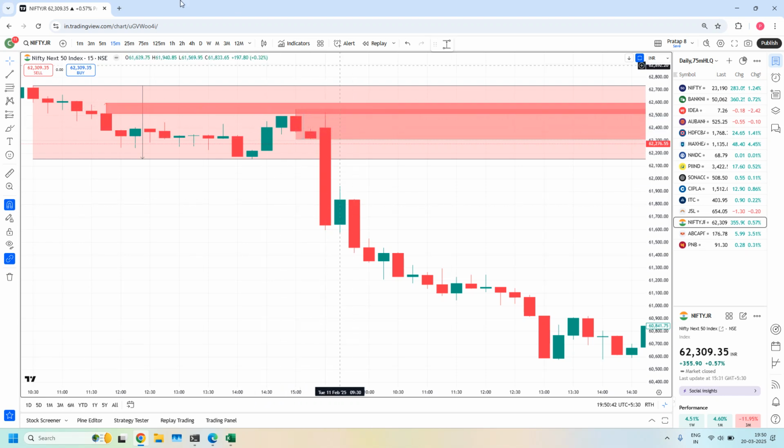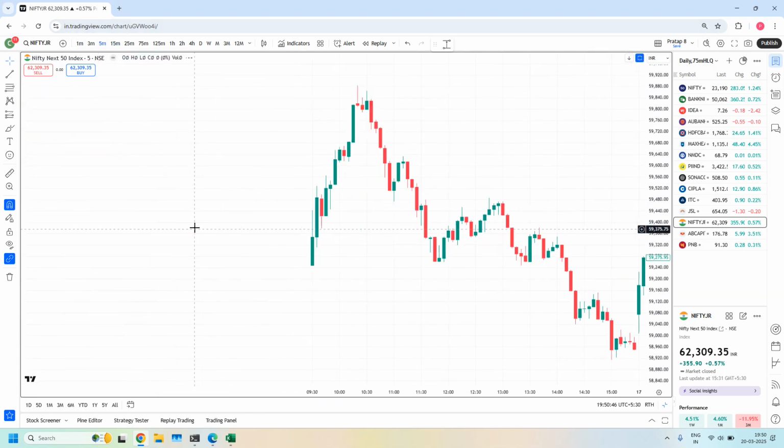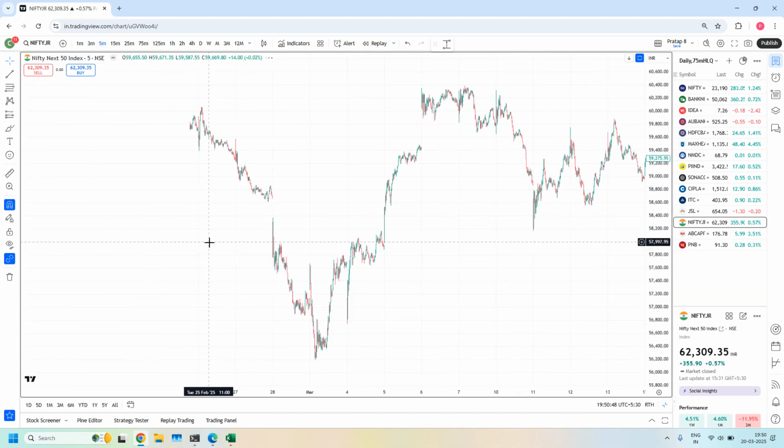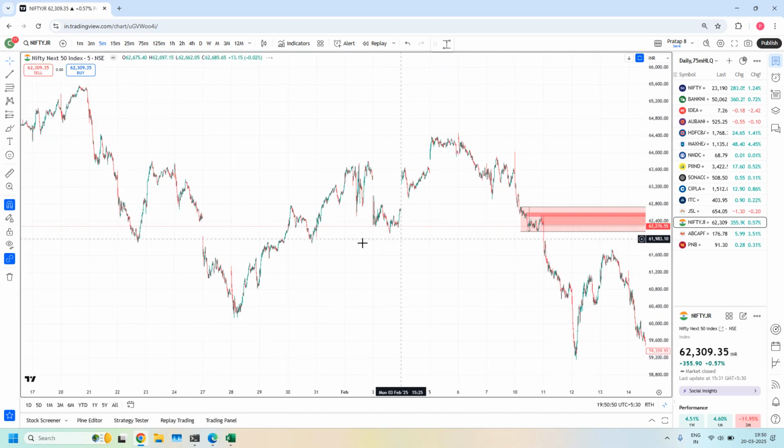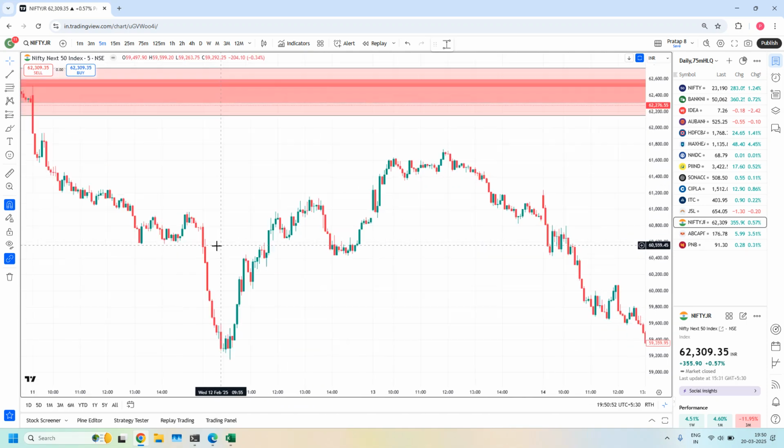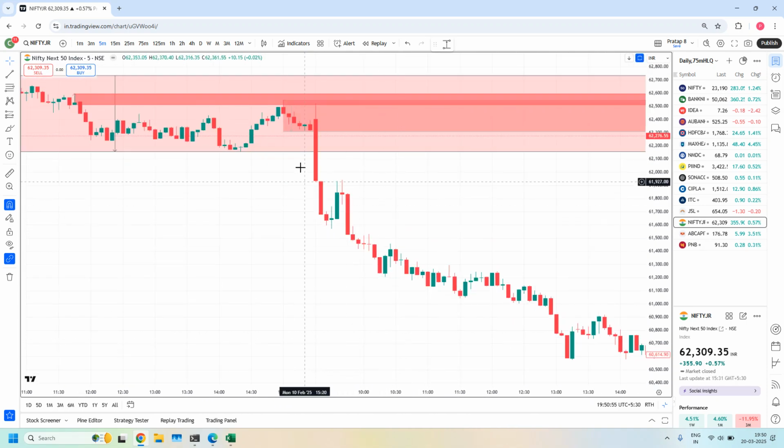Okay, next go to the 5 minutes time frame. See, the 5 minute structure is not good. But this leg out somewhere is picking up the order flow. Did you notice? That's why you should look backward.